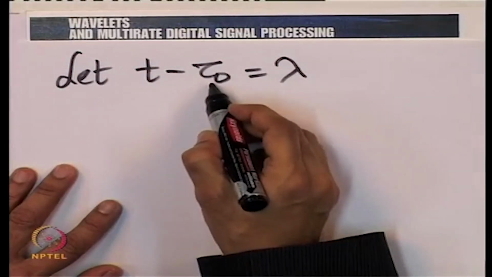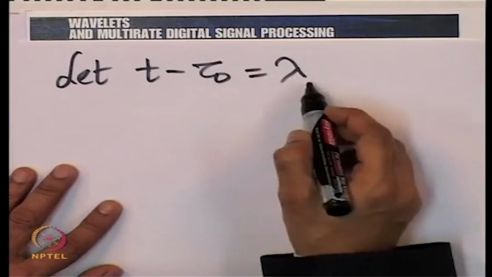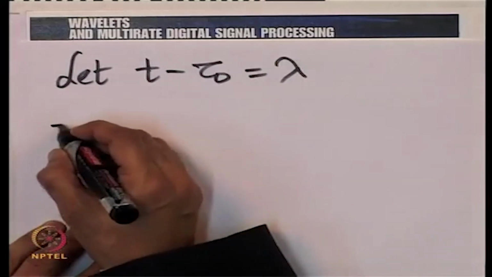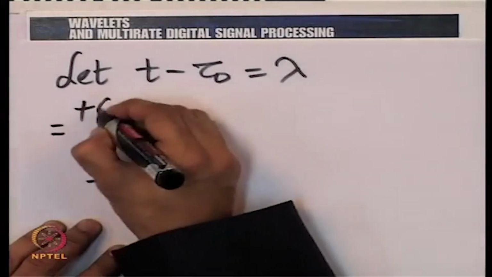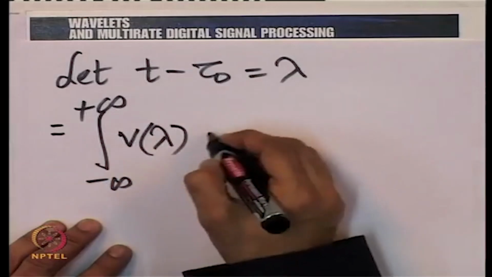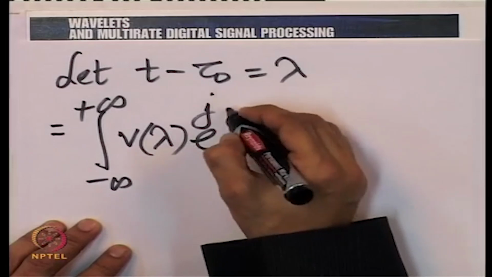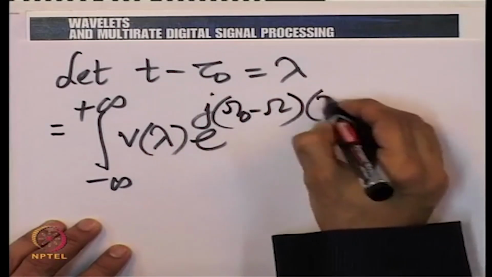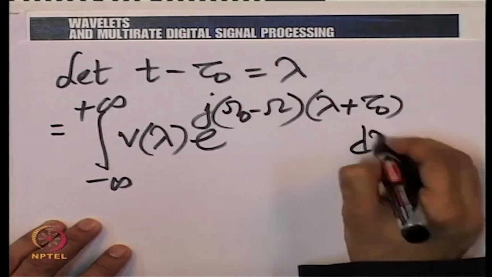And noting that for a fixed tau naught, when t runs from minus to plus infinity, lambda also runs from minus to plus infinity, this would become the integral from minus to plus infinity of V(lambda) e raised to the power j. Now, of course, collecting terms, this is omega naught minus omega times t, which is lambda plus tau naught, d lambda.